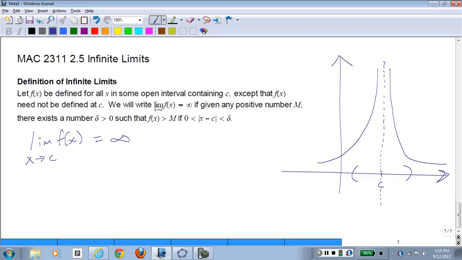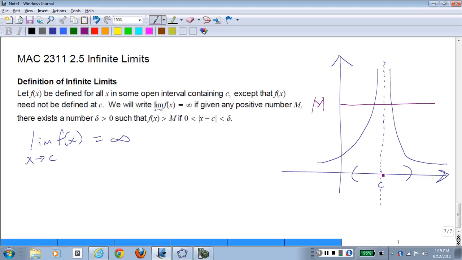So what does this mean? Given any positive number m, let's go with m right there. So, a horizontal line. For any horizontal line m, no matter how high we might draw it, there exists a delta.